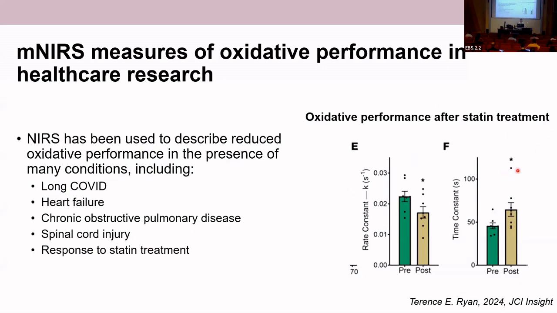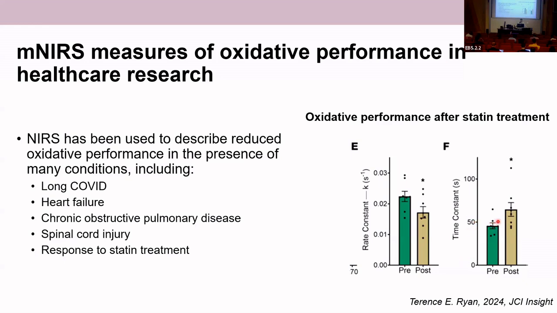We also touched on this yesterday, so apologies for all the duplication, but I thought this was really interesting. This is a paper that came out earlier this year, published by Terence Ryan and his team. And they looked at the time constant in people before and after statin treatment. So we've known for quite a long time that statins, while they are fantastic at reducing atherosclerotic disease risk, they can come with side effects of muscle soreness and muscle weakness.